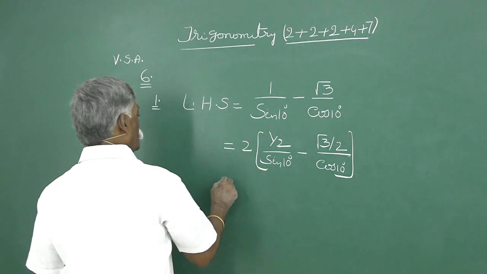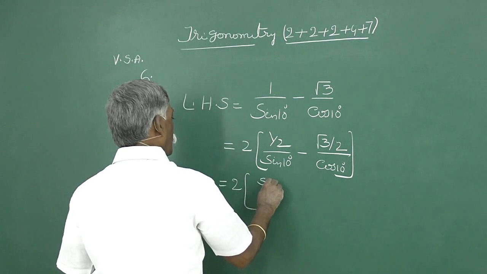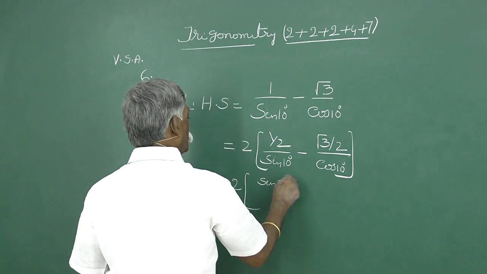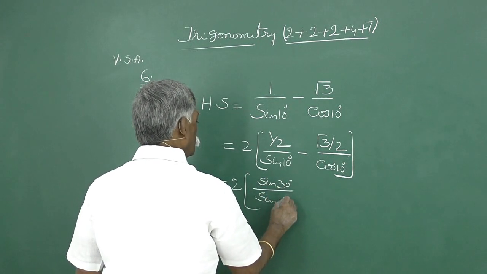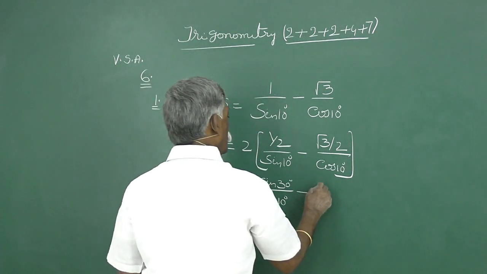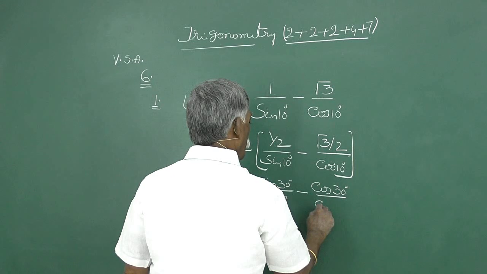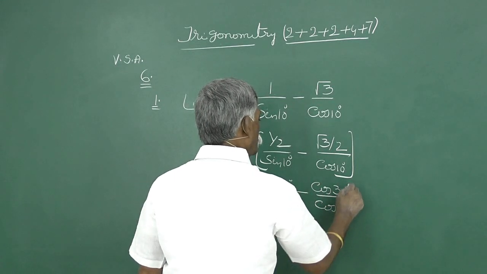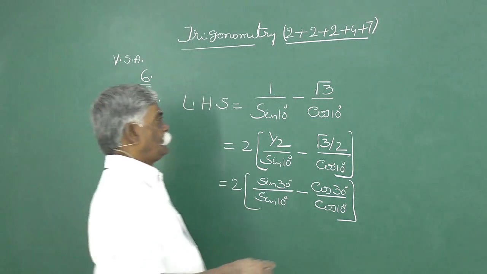So this is equal to 2 into sine 30 by sine 10 minus cos 30 by cos 10. Now we can take the LCM.